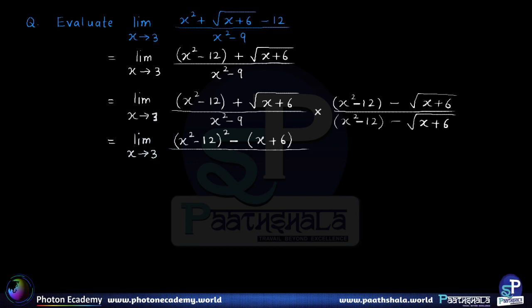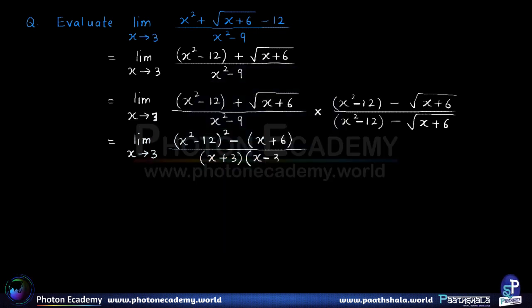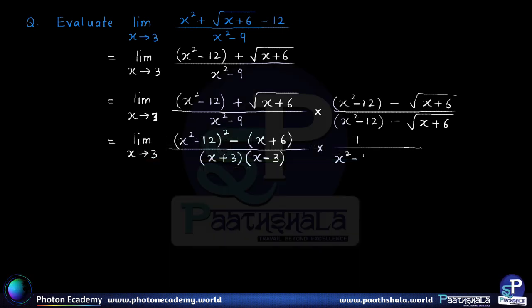Whole divided by, now the denominator is x square minus 9, so here let us factorize it as x plus 3 into x minus 3, because ultimately our aim is to cancel out the factor of x minus 3, correct? Into, now the numerator here in the next term is just 1, and here we get x square minus 12 minus root of x plus 6.